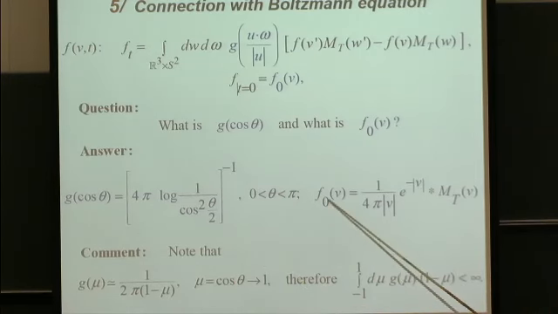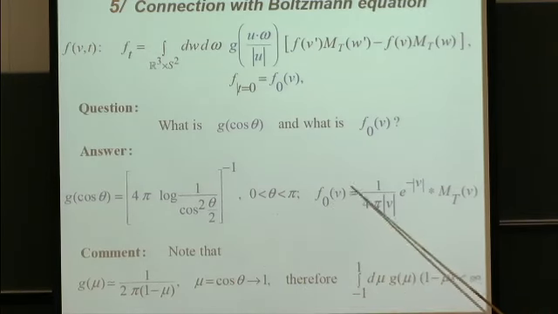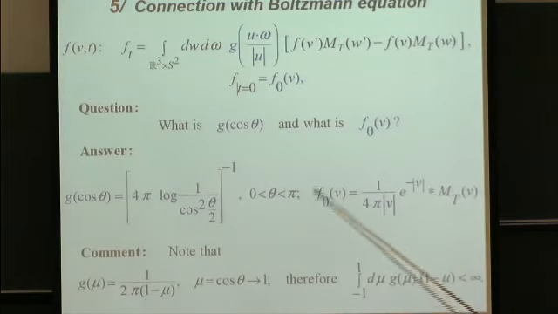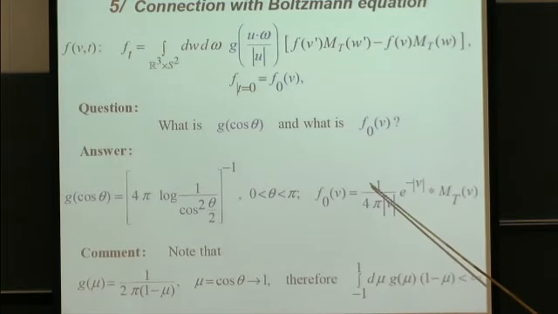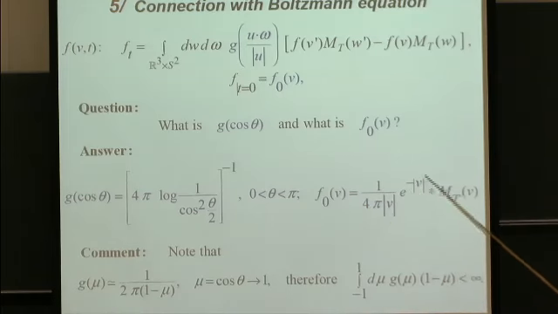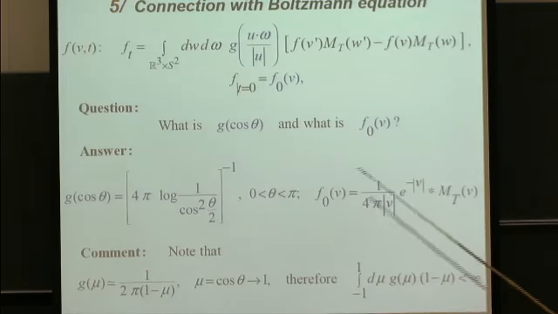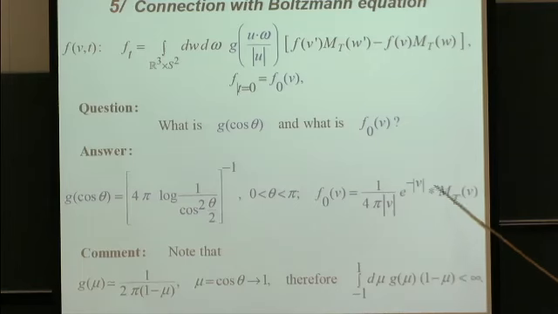And what is the initial condition? The initial condition is a distribution, something like the Yukawa potential, 1 over modulus v times exponential minus modulus v, convoluted with the Maxwellian.